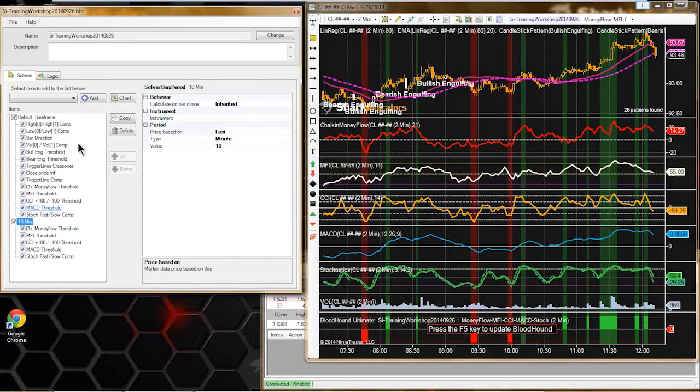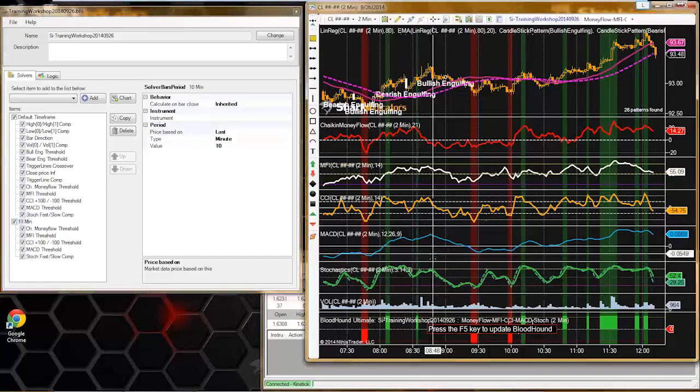All right, so we can see I've got a copy of all the same solvers, same conditions, and now they're on the 10-minute. Just take note that when I added this 10-minute chart, look at this notification I have up on my chart. It says press the F5 key to update BloodHound. So we have to get NinjaTrader to build this 10-minute chart. It won't build it on the fly.